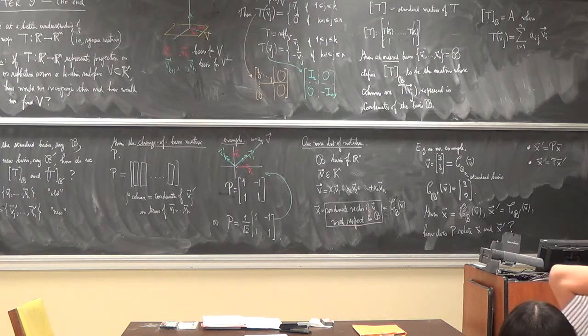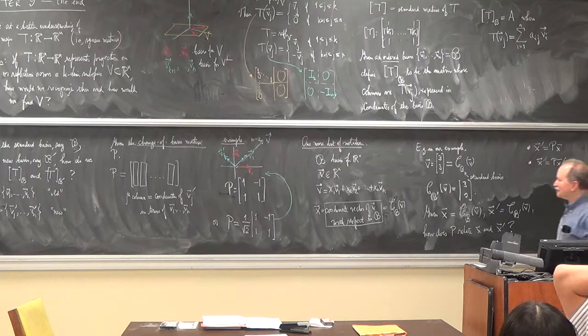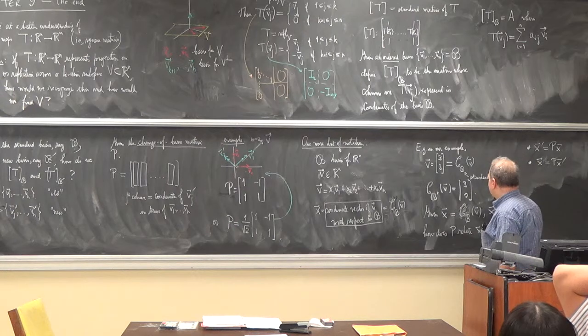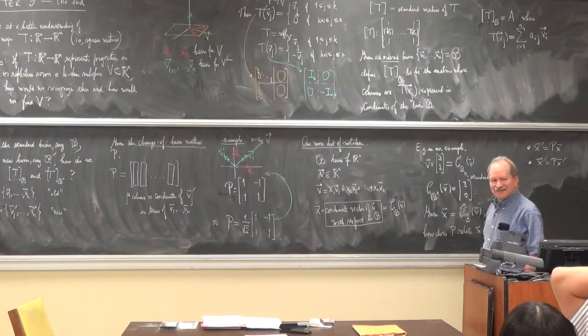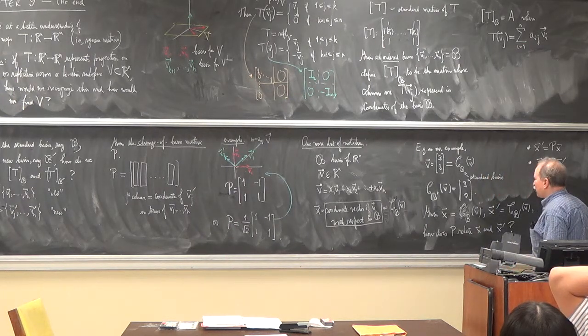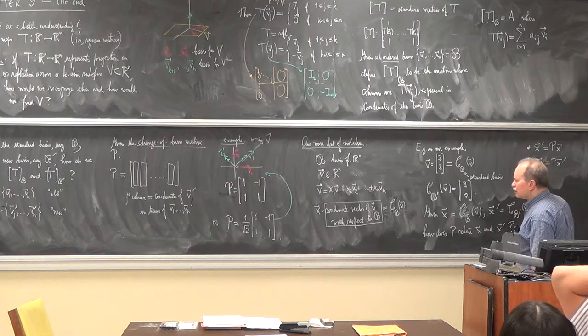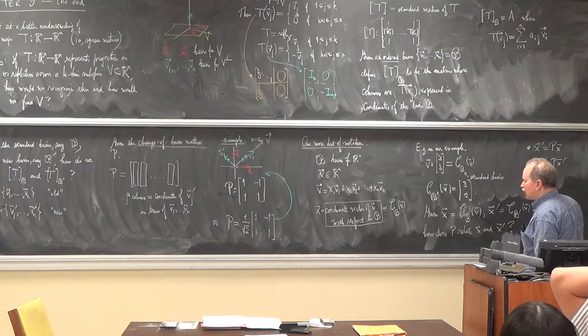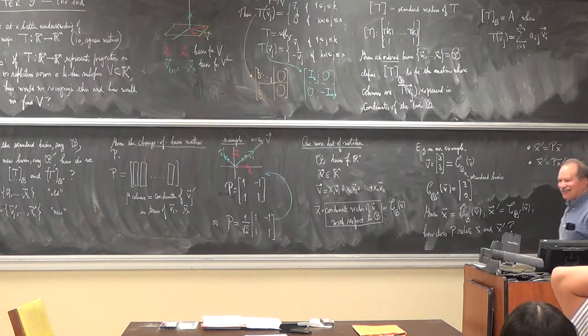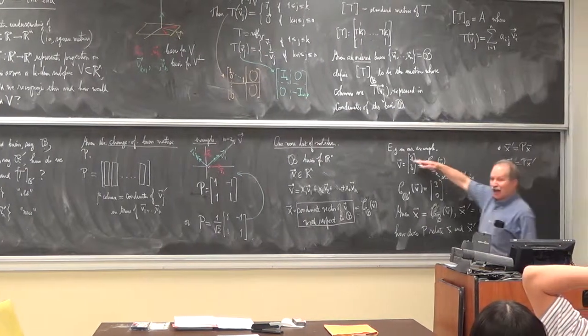When you plug in the first V1 to your P there, you get V prime 1. Yeah, I guess the second one works. Are you talking about the example? No, I'm going back to this one over here with the red and the blue screen.